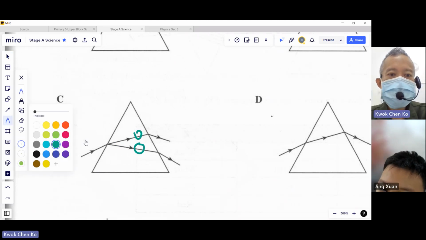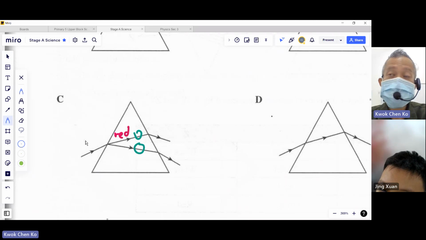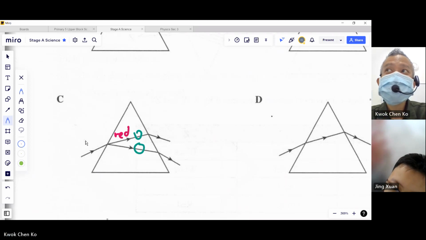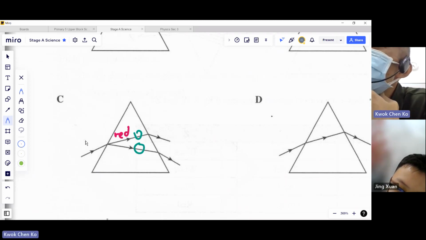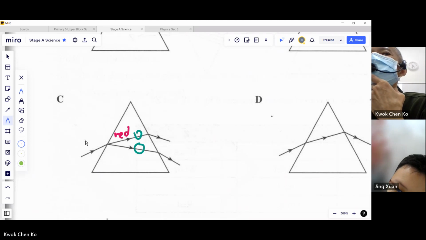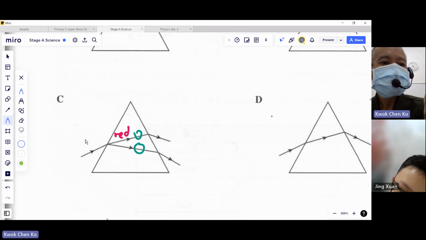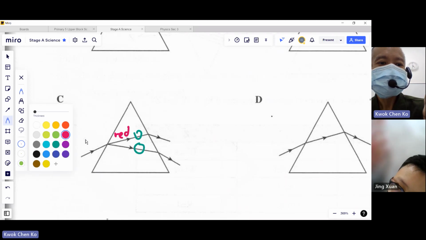Good. That's right. Okay. Do you know why it's red and violet? Red is what? Faster. Let's ask Angel. Why is red here and violet at the bottom?